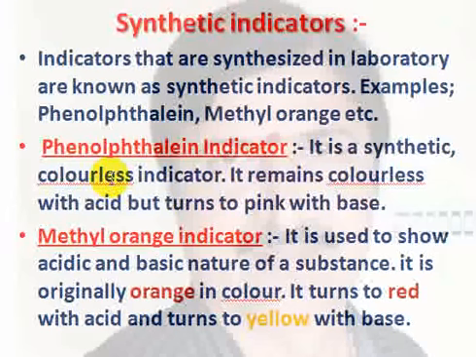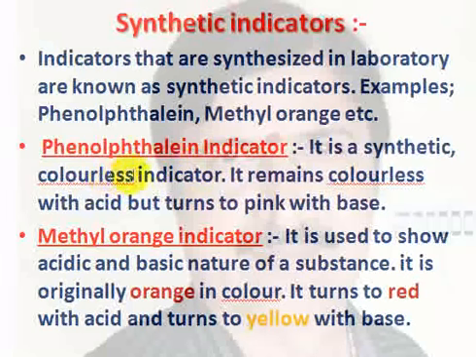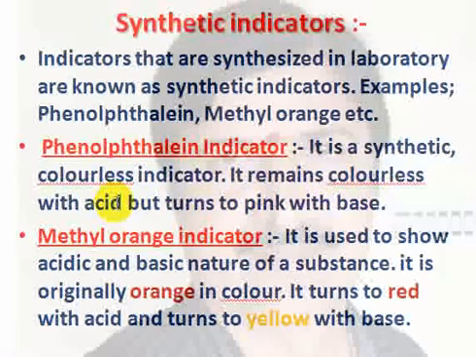Among them, the first one is phenolphthalein indicator. It is synthetic and it is a colorless indicator. That means phenolphthalein does not contain any color of its own. It remains colorless if added to water. If you add a few drops of phenolphthalein to an acid, there is no color change.